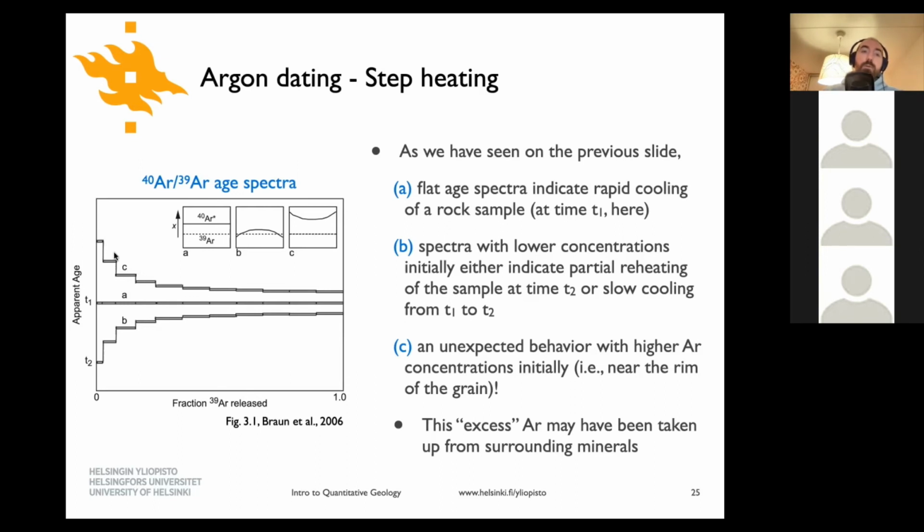So if there's something that's producing a bunch of argon, it's possible that you could end up with excess argon near the rims of your crystal. And then again, with the step heating, what you want to do is release that excess argon, and you hope then that this age that you reach here, this apparent age plateau, gives you some meaningful information about what the age of the crystal actually is.